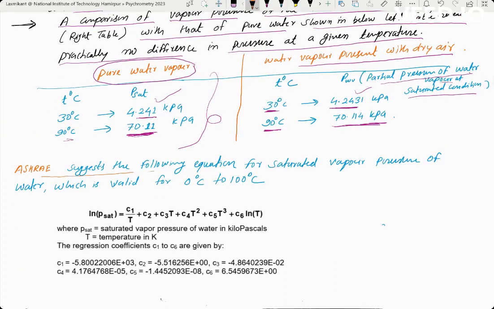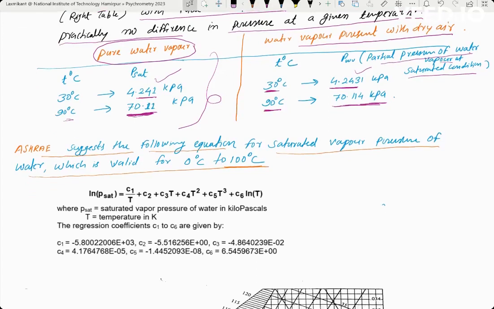Hyland suggests the following equation for the saturation vapor pressure of water, which is valid for 0 degrees Celsius to 100 degrees Celsius. So the saturation pressure temperature data is also related by the empirical relation provided by this equation. This is the saturation pressure and this is the temperature. If we put in the temperature and the coefficients C1, C2, C3, C4, C5, C6, then we can easily evaluate the saturation pressure for a given temperature.